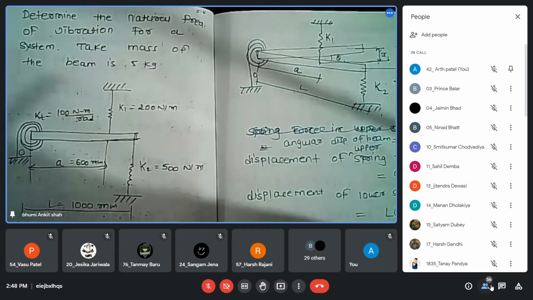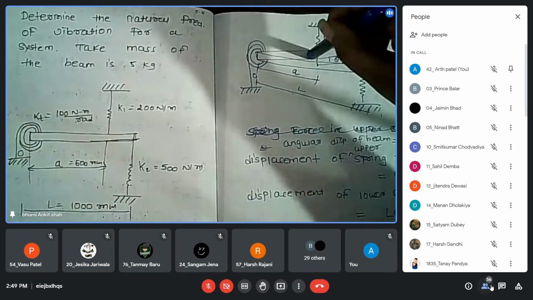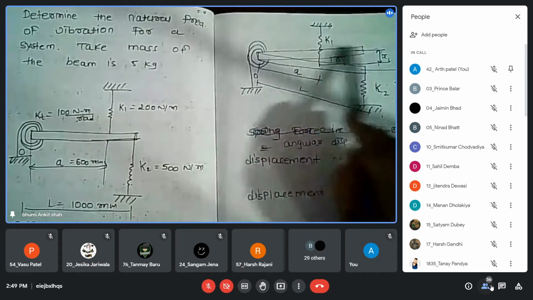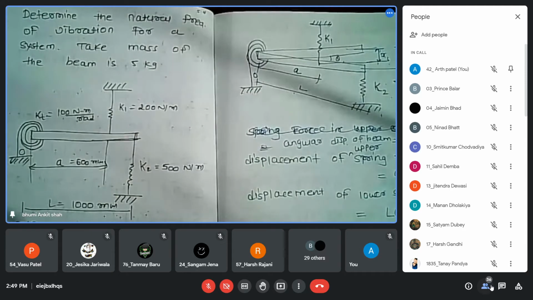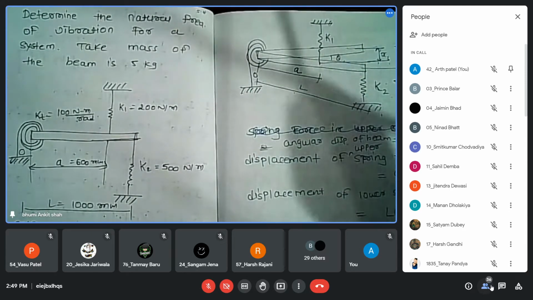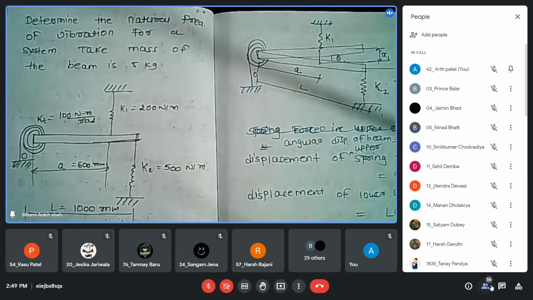No. For spring, we cannot consider kinetic energy because we are neglecting the mass of the spring, right? When it is clearly mentioned in the problem that you have to consider the mass of spring, then you can consider it. Otherwise, you only have to consider kinetic energy of this beam, right? For spring, you have to consider potential energy. That's what we are doing in the last few problems.